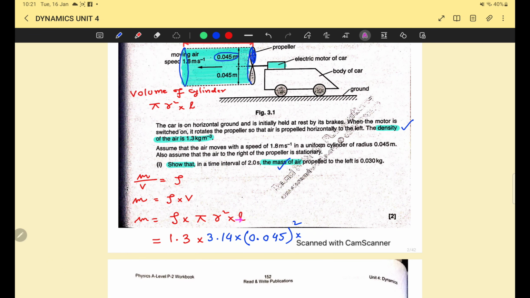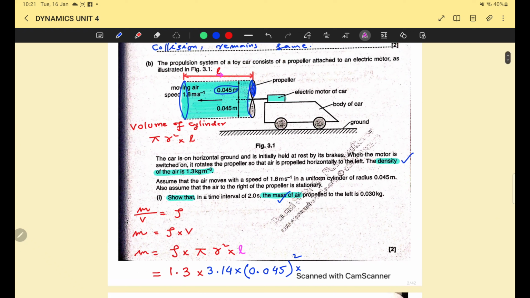Then I require L. Sir, what is L? L is this length, which is what the air is blowing. It is given that the air is moving with a speed of 1.8 meters per second.